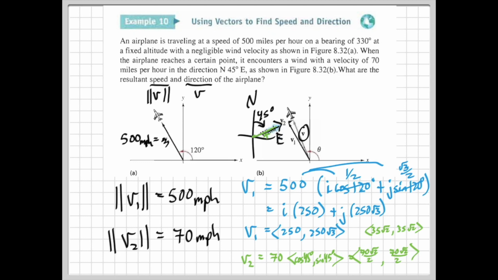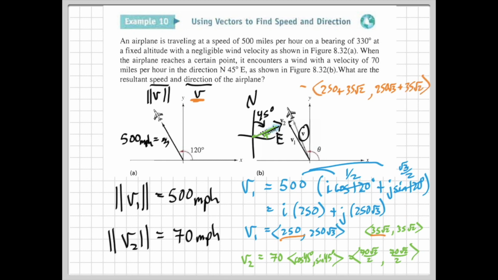So if we want to find the resultant vector, all we have to do is add these two together. So we're adding this one and this one together. So let's write 250 plus 35 rad 2. And the other one is 250 rad 3 plus 35 rad 2.